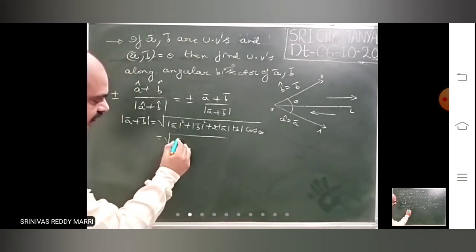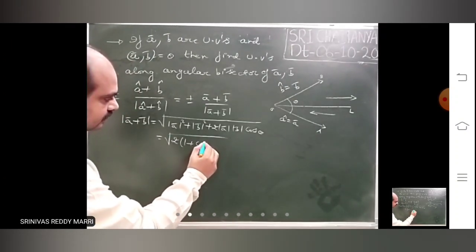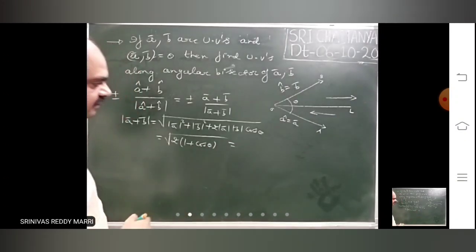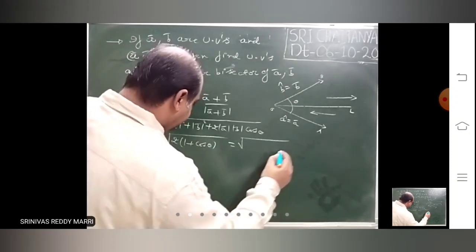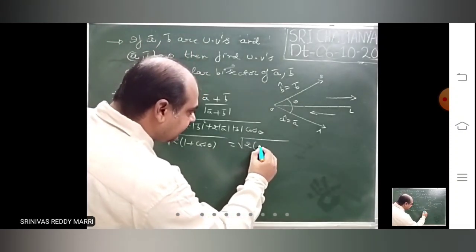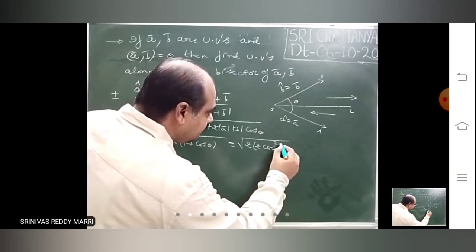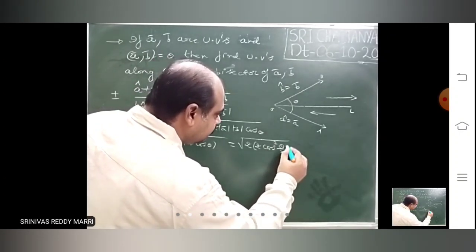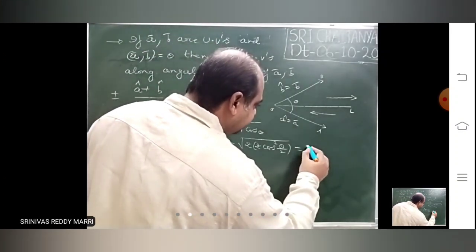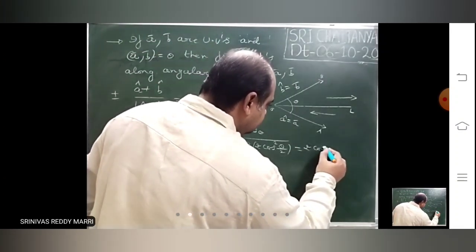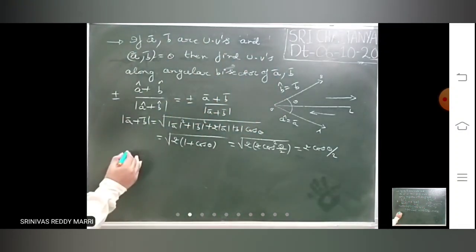Take 2 common: 2 plus 2 cos theta, that is 2 into 1 plus cos theta. The multiple angle formula for 1 plus cos theta is 2 cos square theta by 2, so that means 4 cos square theta by 2. So the root gives 2 cos theta by 2.